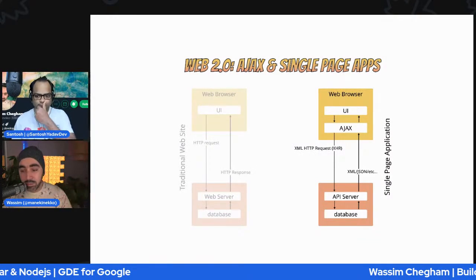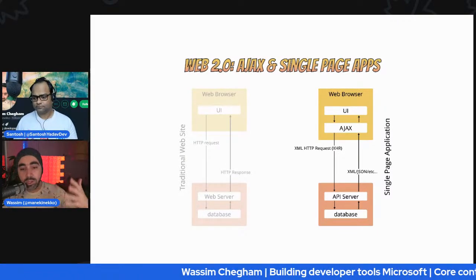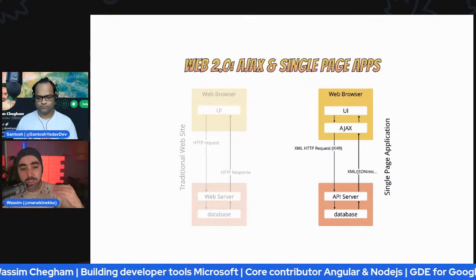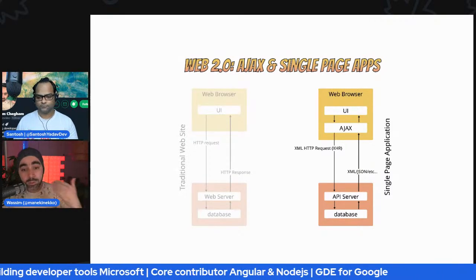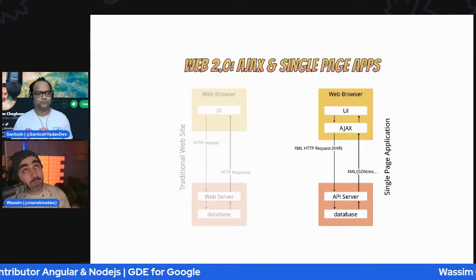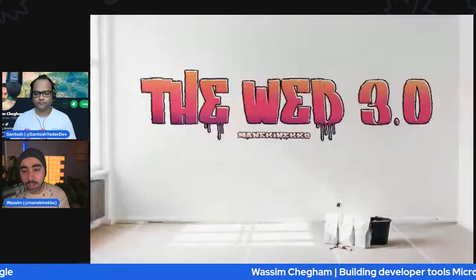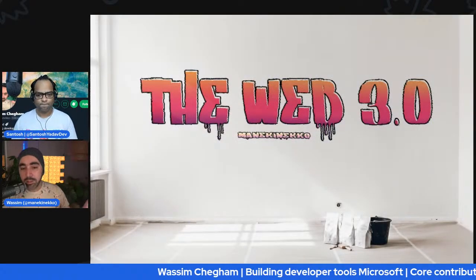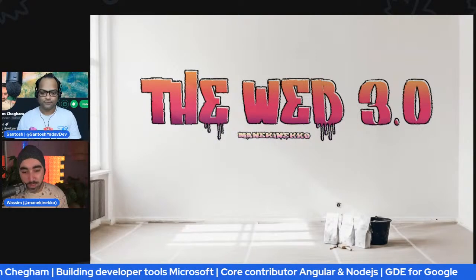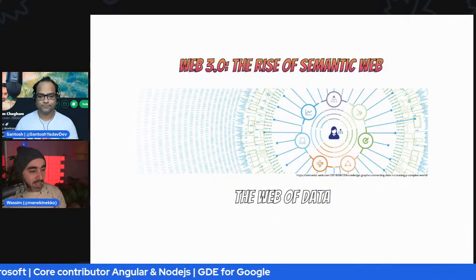Again, with single page apps, you send your static content, your application, to the browser, and whenever you have any interaction with the backend, you would just use Ajax or JavaScript to request and fetch JSON or buffer or whatever content you want from the server. And in between Web 2.0 and the current web, we had Web 3.0, which was quickly described as the web of data.